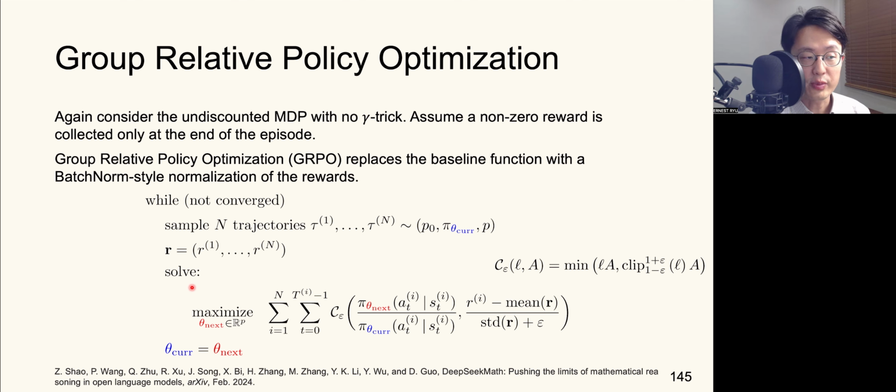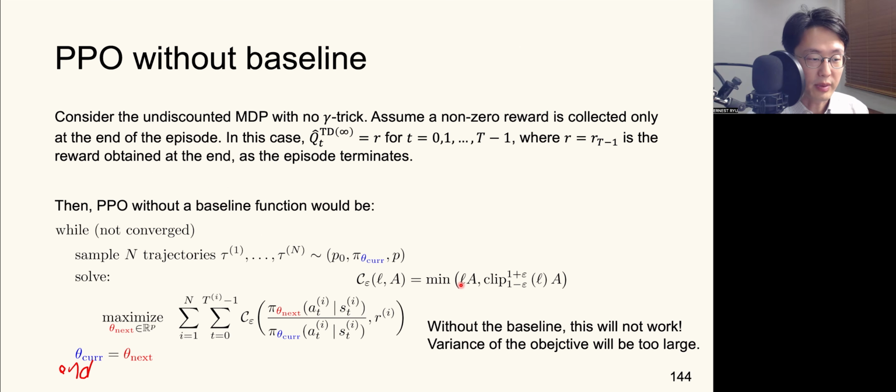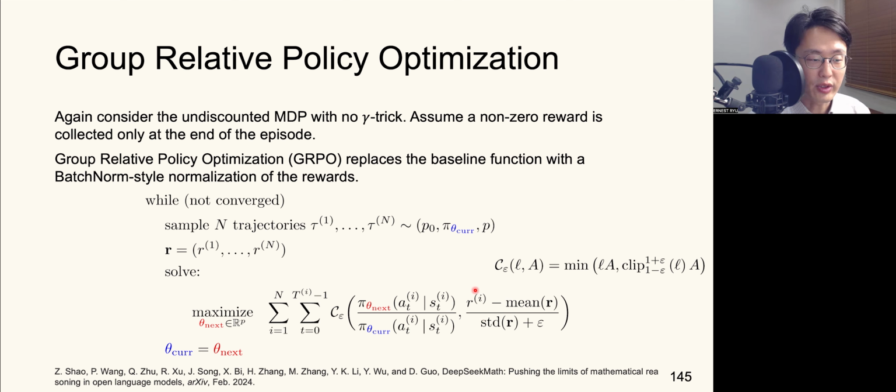Then the only difference between GRPO and PPO is what we plug in here in the position of the advantage estimate. So recall that in PPO, we just plugged in the terminal reward R. But instead of that, we're going to plug in a normalized reward. So from this reward R, we will subtract out the mean, and we'll divide by a standard deviation. And we'll add a small epsilon parameter just to ensure that we never have division by zero.